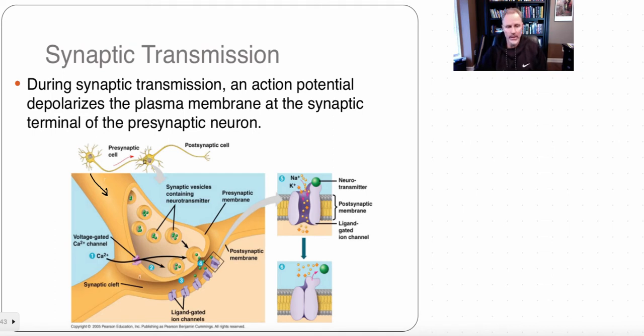And we talked about the idea that there were three different types of ion channels: stretch gated, voltage gated, and ligand gated. Here is an example with this calcium channel of a voltage gated ion channel. The change in the membrane potential opens up this calcium channel, and that calcium influx is going to have an effect on the vesicles that are containing the neurotransmitter.